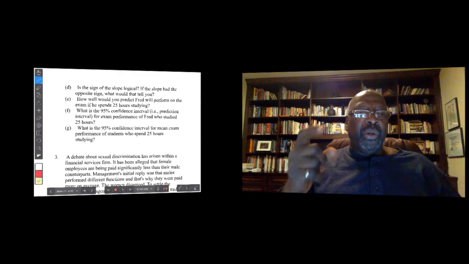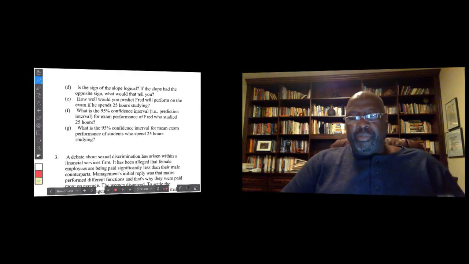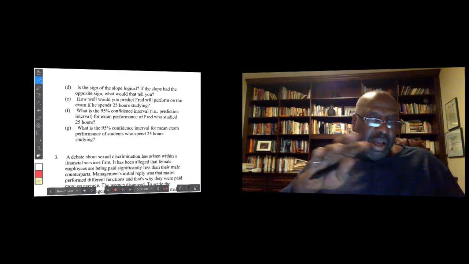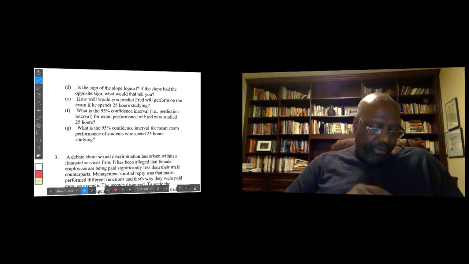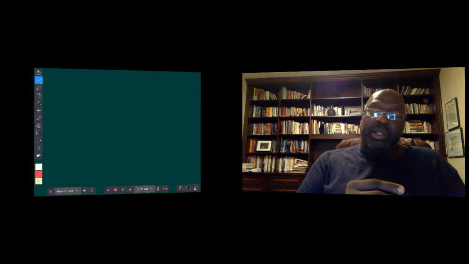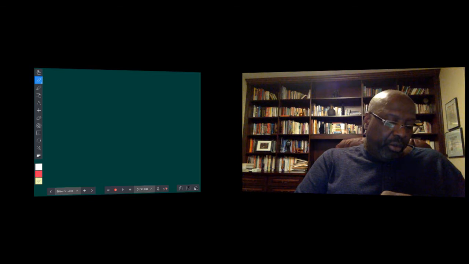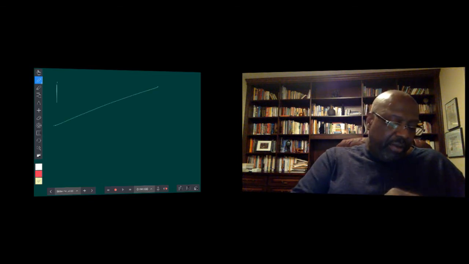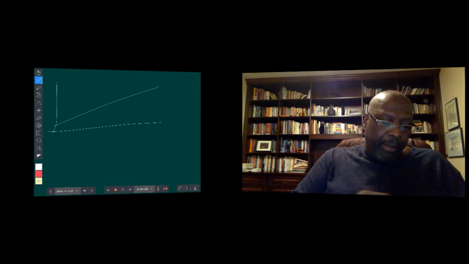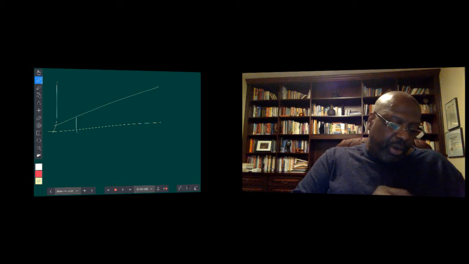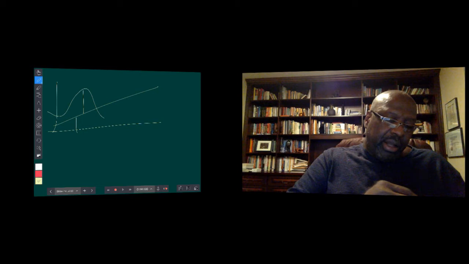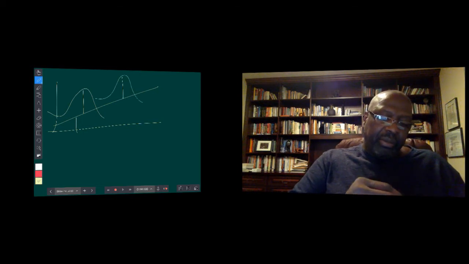I'm sure if we were to look at the regression or the distribution, we will find that there are a whole bunch of people who study for 25 hours. So it kind of looks something like this, if this is our regression line. At each point on that line, so this is one x value, let's call it x1, x2.